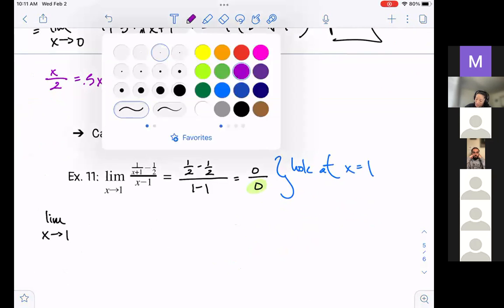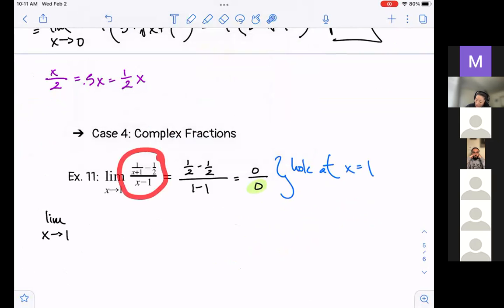If we apply the same idea to here, we'll end up with 1 over x minus 1, right? The x minus 1 is like the 2. And then in parentheses or brackets, we have 1 over x plus 1 minus 1/2.